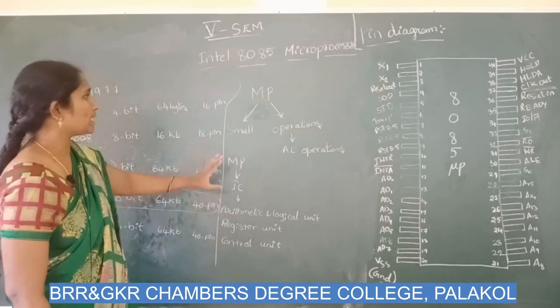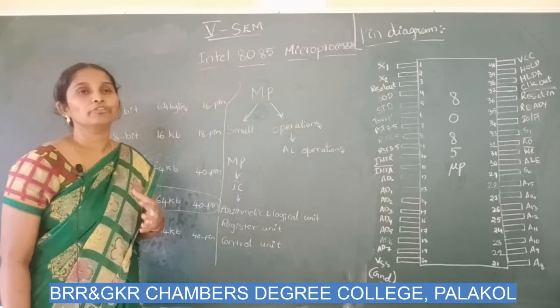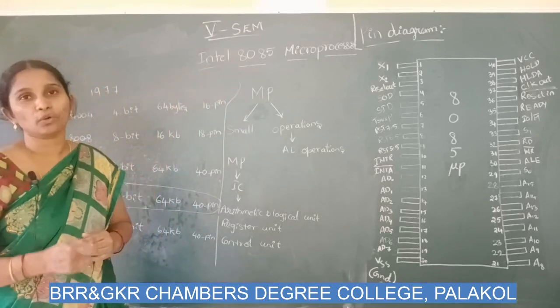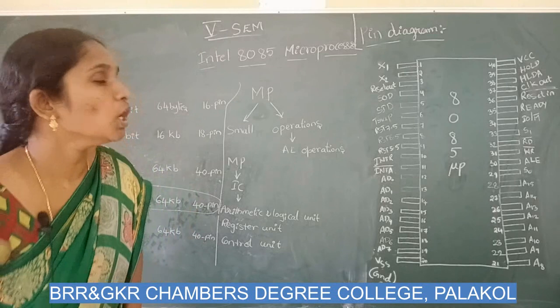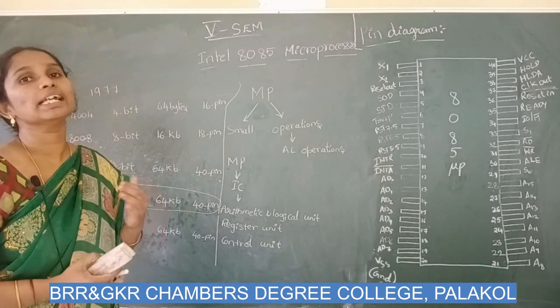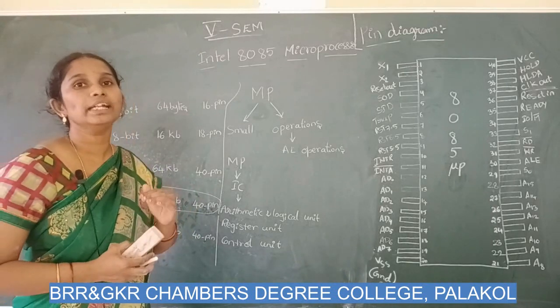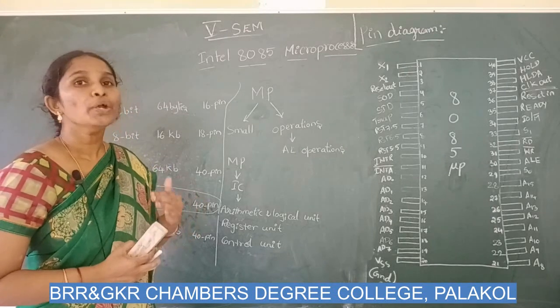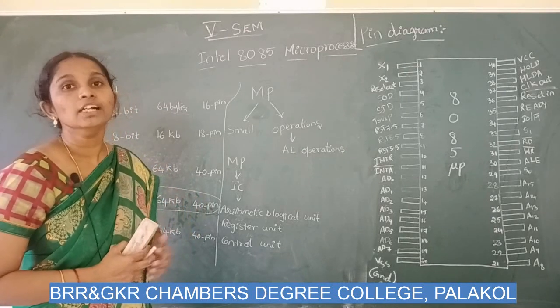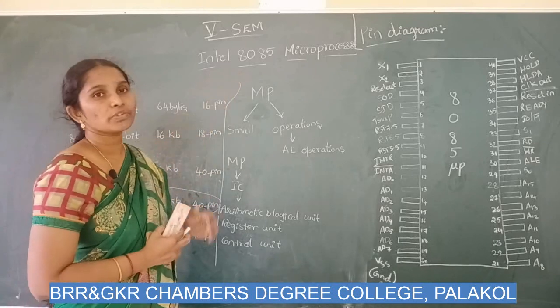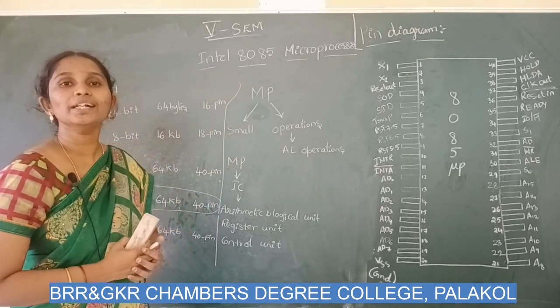Okay, so what is the need for the invention of this microprocessor? The need is that we have to reduce the size of an electronic device and also improve the speed of an electronic device. That's why the microprocessor came into the picture.